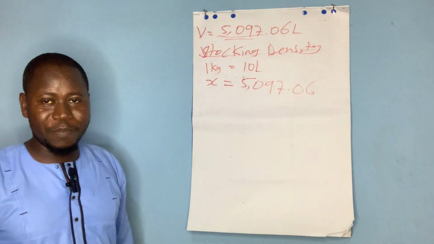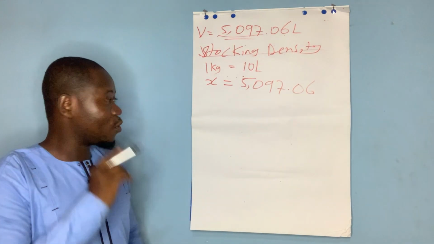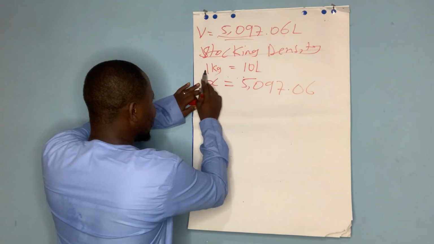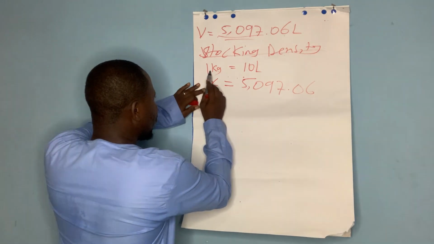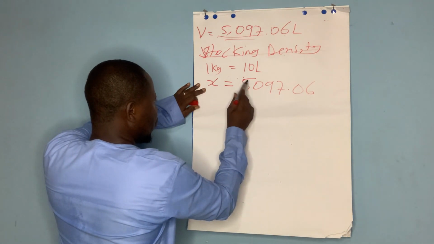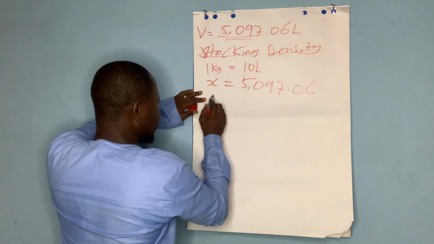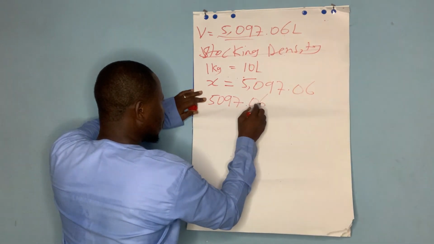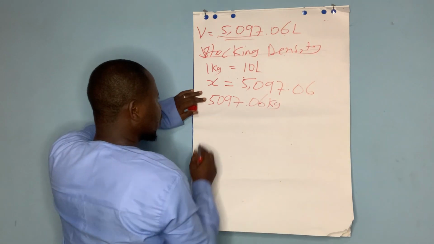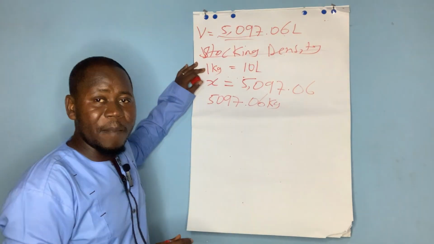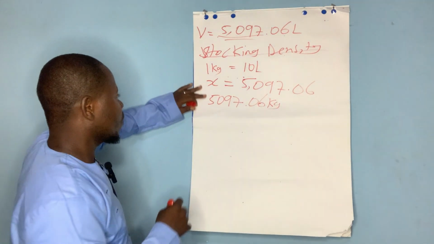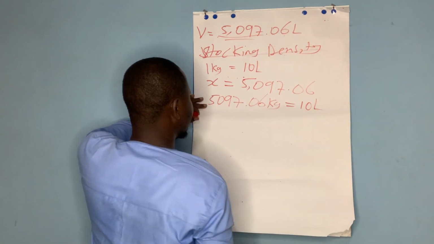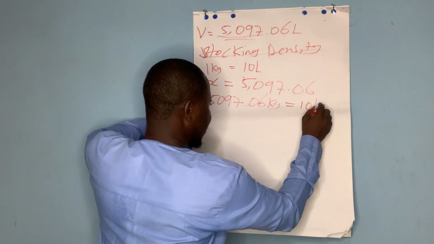So we cross multiply. If we cross multiply, we now have 1 kg, that is 5,097.06 kg. Remember, any number multiplied by 1 is that number, equal to 10 liters times x.